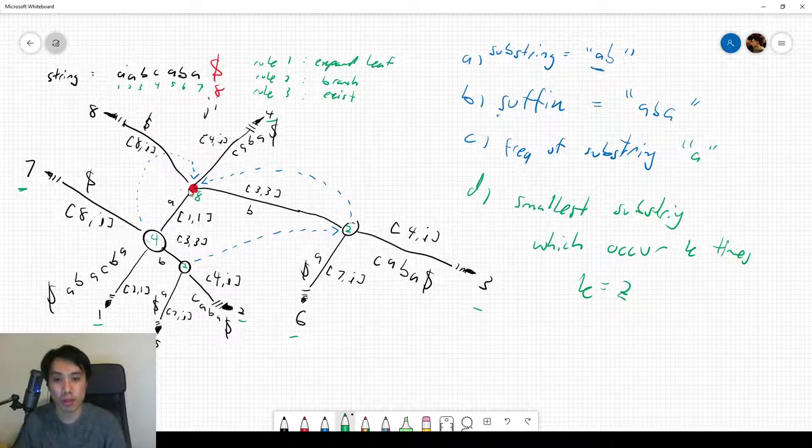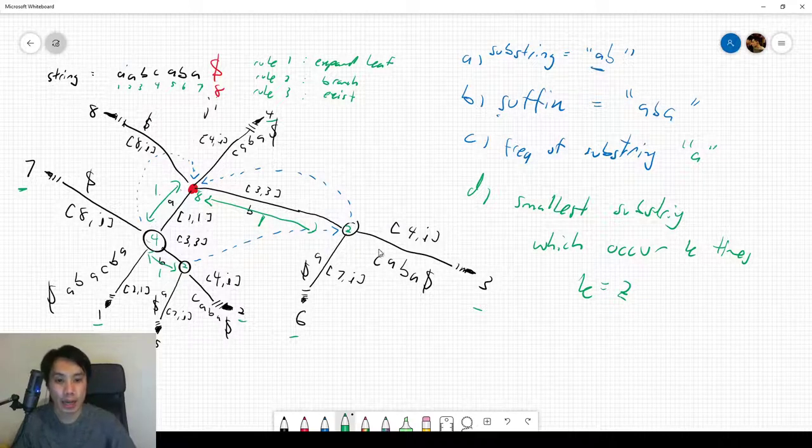So if you see here, my length here is 1. I start at 1, I end at 1, so my length here is actually 1. I start at 3, I end at 3, my length here is actually 1. But my length for my root will be 1 plus 1, which is 2.